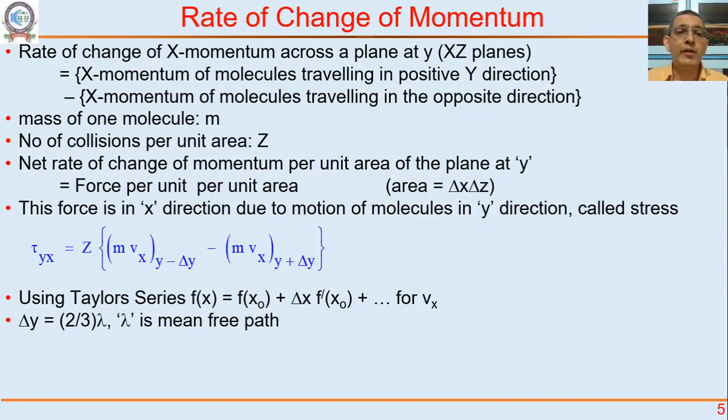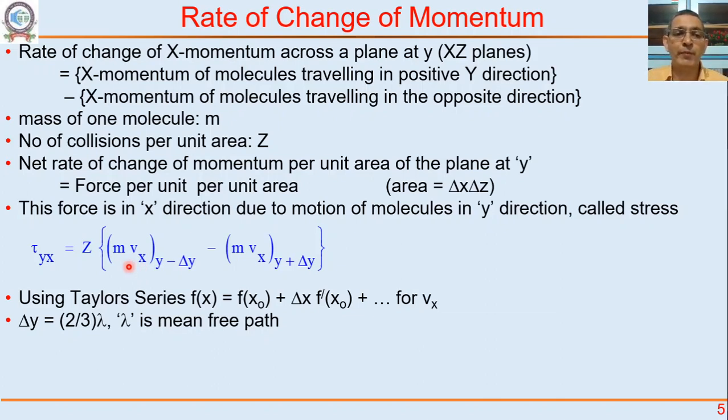In kinetic theory of gases, we had used the symbol Z to denote how many such collisions are happening per unit area. So if you look at the right hand side here, Z multiplied by this term tells you how many such collisions are transferring momentum to this plane at y per unit time per unit area.